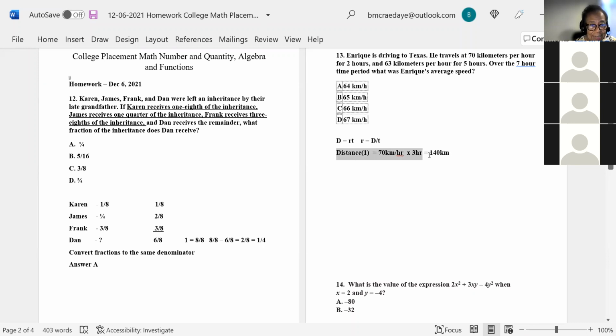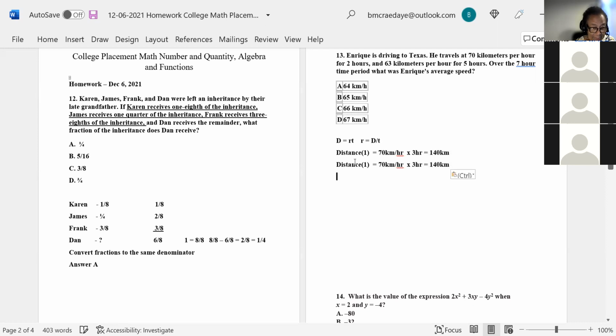Now, what's the second distance? Then you multiply 63 by 5. That's right. Very good. So this is the second distance, and we call that distance 2. Vanessa just told us that is 63 kilometers per hour times the number of hours.